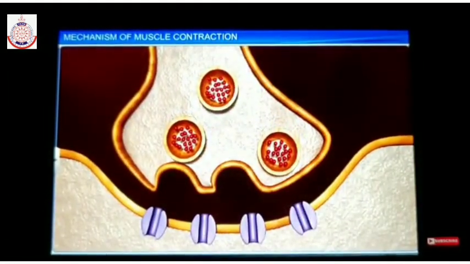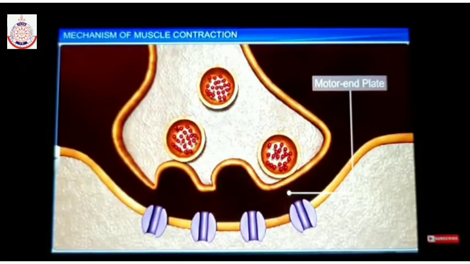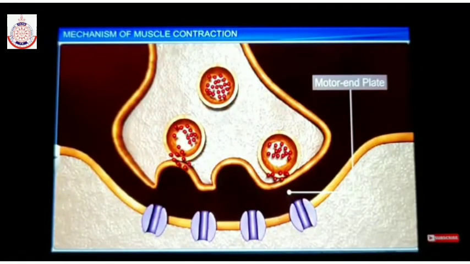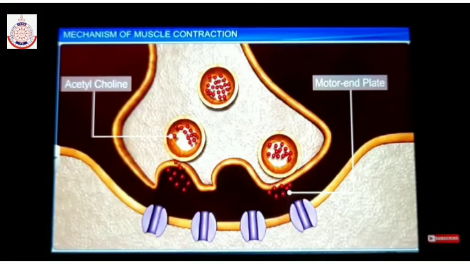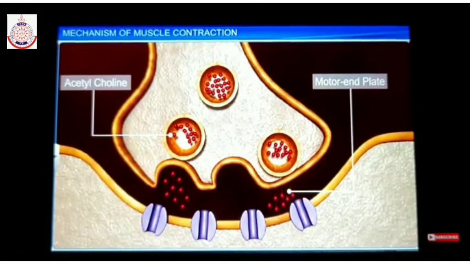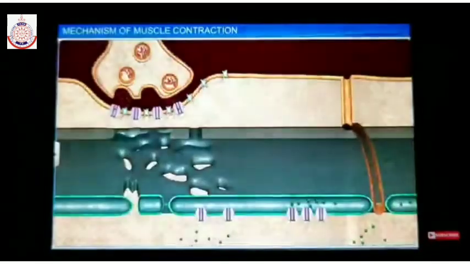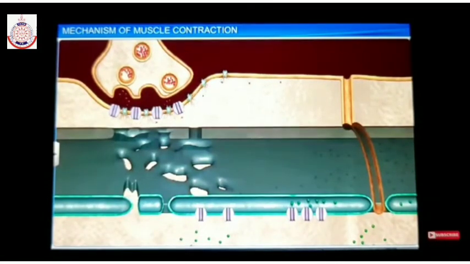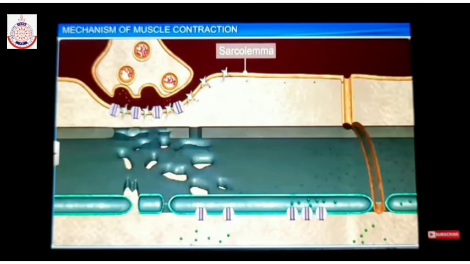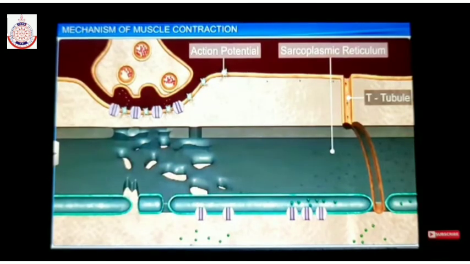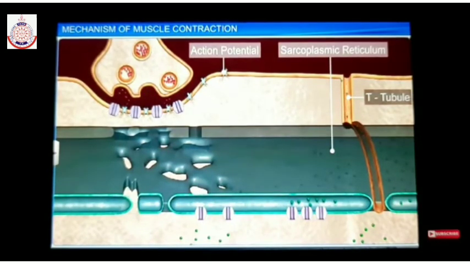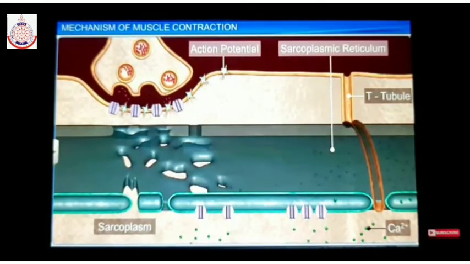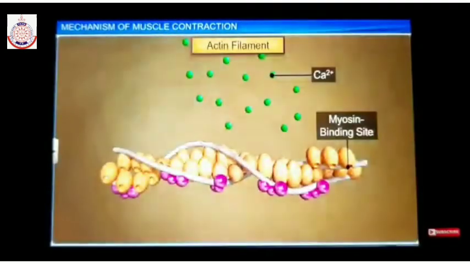The axon ending releases the neurotransmitter acetylcholine into the synaptic cleft, which combines with the receptors present on the membrane of the muscle cell, known as sarcolemma, which causes excitation of the membrane or develops an action potential, which changes the permeability of the membrane and results in release of calcium ions from the sarcoplasmic reticulum into the sarcoplasm.